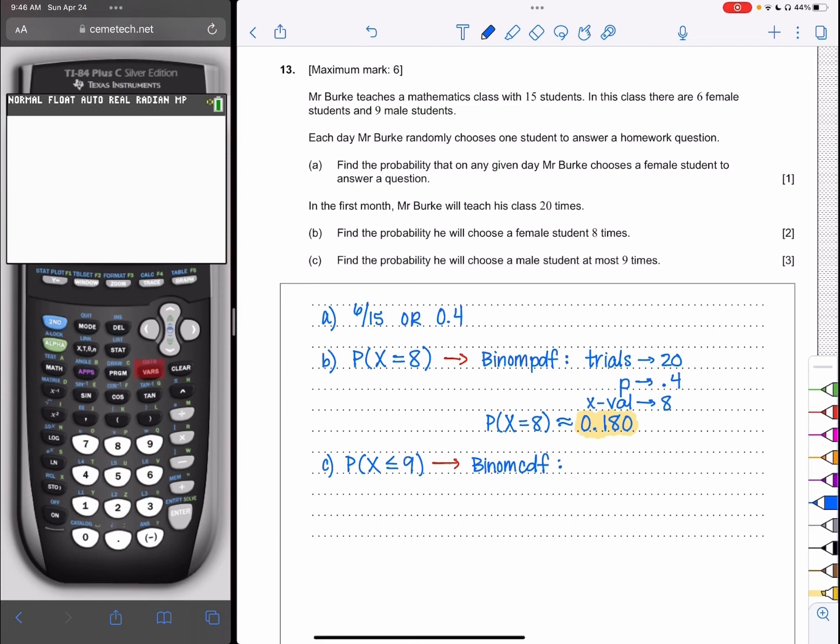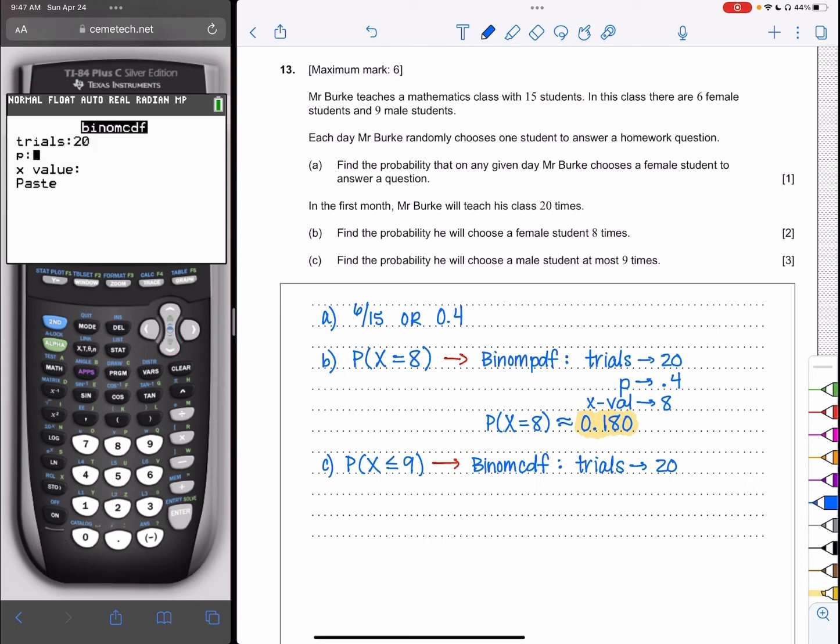All right, so I go to second vars. I go to binomial CDF. Oops, and let me close out of all that all the way. Go to binomial CDF here. The number of trials, we already know the trials is going to be 20 because that's how many times he's going to teach his class.